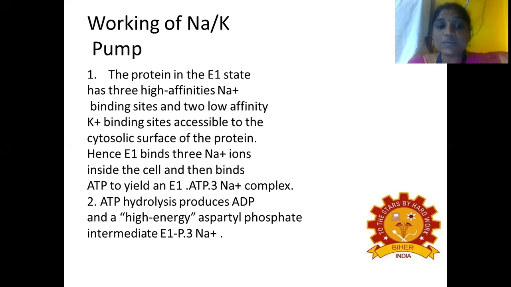Hence E1 binds 3 sodium ions inside the cell and then binds ATP to yield an E1-ATP-3 sodium complex.